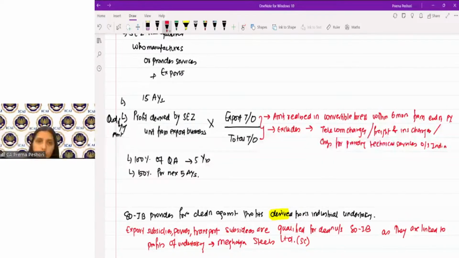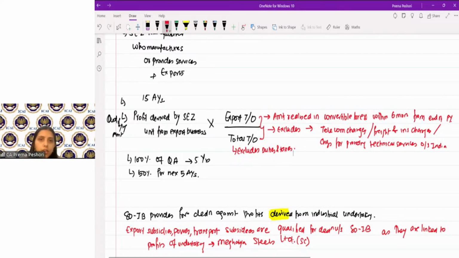Okay. Total turnover also excludes duties and taxes. So this is very, very important because you may get questions on these. Numerical questions may come on this. Okay. So export turnover divided by total turnover.